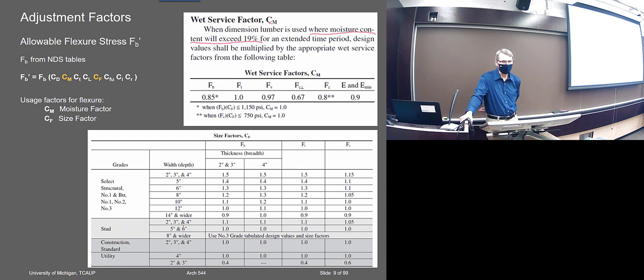Kiln dried is at least 18%. Sometimes they'll just rate it at 18%, I think, so they're below 19. But normally kiln dry would be even lower than that. And of course your equilibrium moisture content is much lower. It's like 6 or something, or 5.